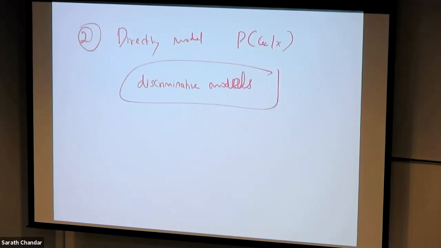They are discriminative because once you have the class conditional probability, the posterior probabilities of the classes, you can discriminate the data point into one of the classes. So they can only discriminate, they cannot generate, because you're not modeling the data distribution.